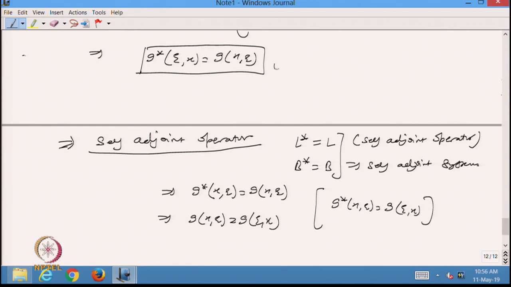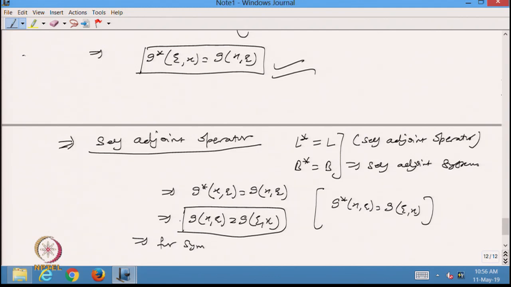This we already know from here. But when the operator is self-adjoint, then my G star x xi will be G x xi. In that case, from here I can say that G x xi is equal to G xi x.